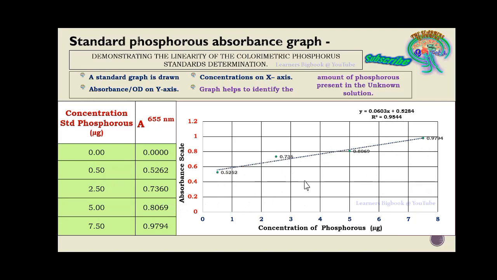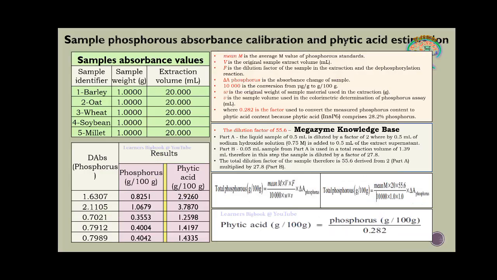To understand this, we are going to do this particular graph. So it has given the perfect linear regression with a very close correlation. The reaction between the amount of phosphorus and the molybdenum taken has occurred very closely.